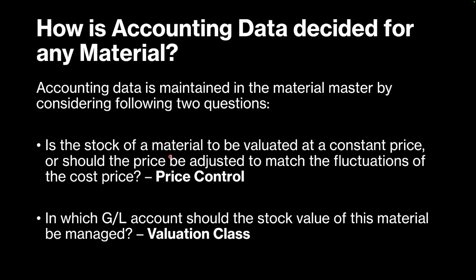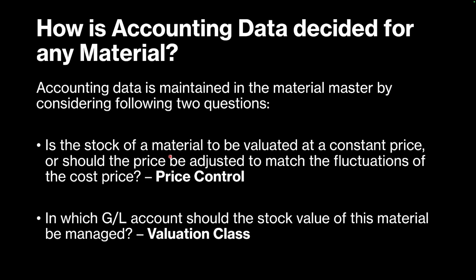But if you're buying a material from any vendor, then these prices will be fluctuating, and it would be a good decision to average out the prices in your system to match the fluctuations happening in the outside market. Okay, so the first thing that you have to ask is whether your material is valuated at a constant price or whether the prices are to be adjusted in your system. Now, it totally depends upon the type of material which you are dealing with.